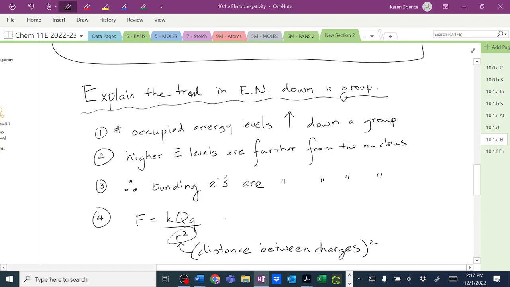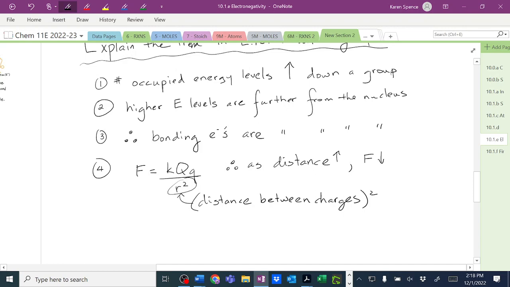Anyway, therefore, as distance increases, F decreases. Therefore, what's next?